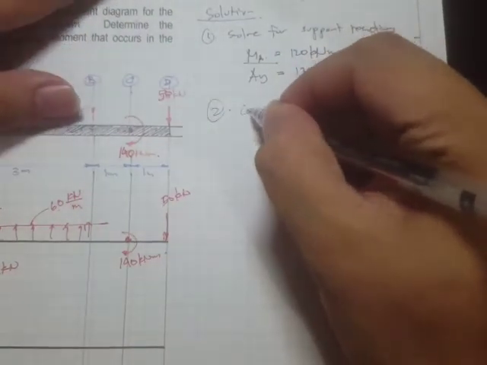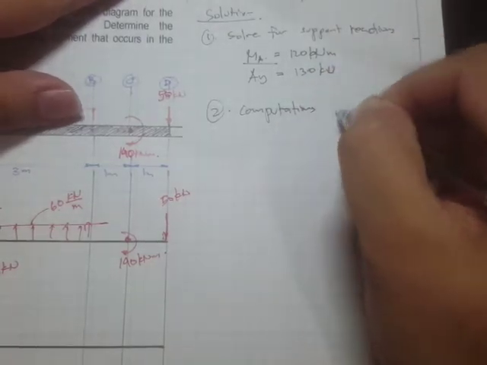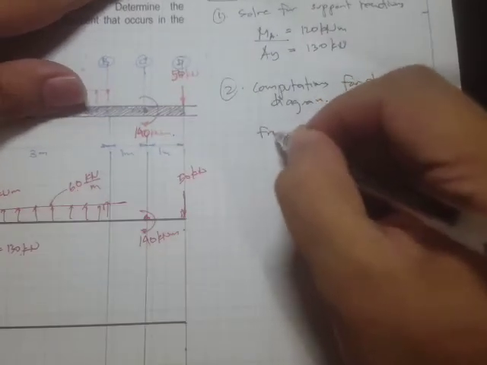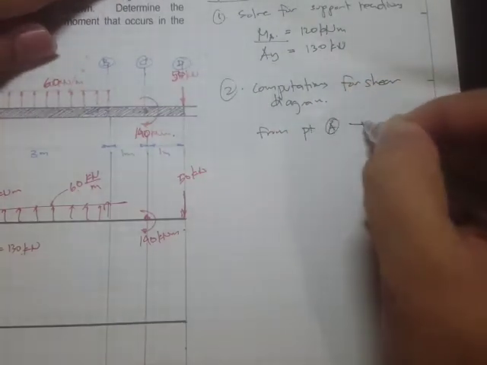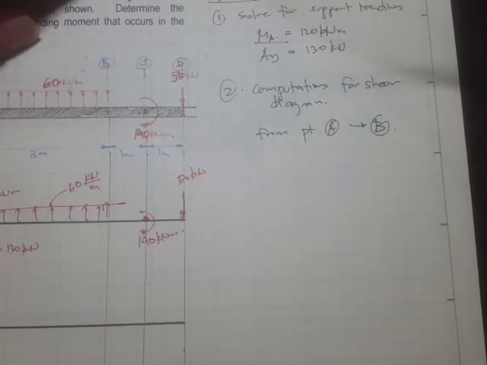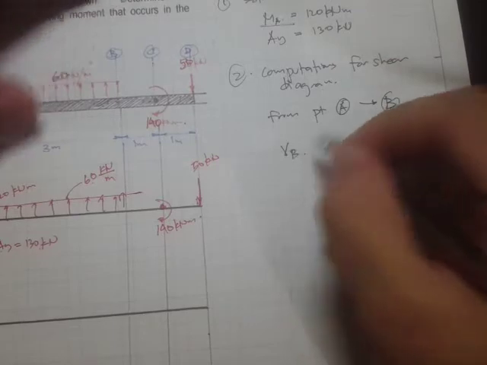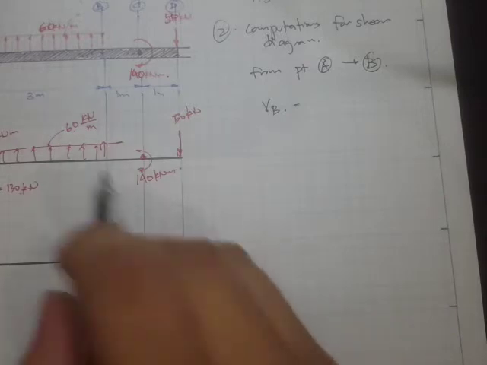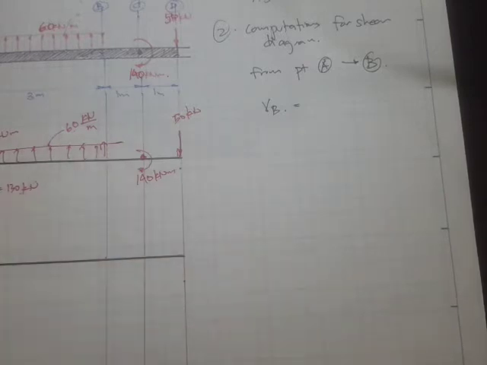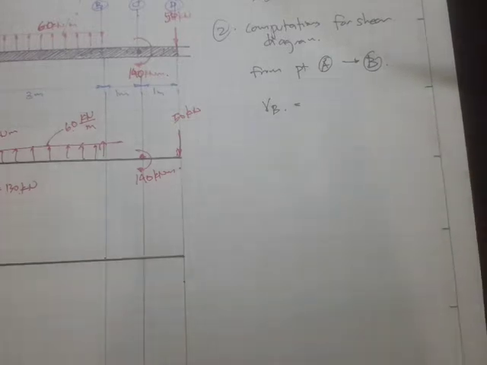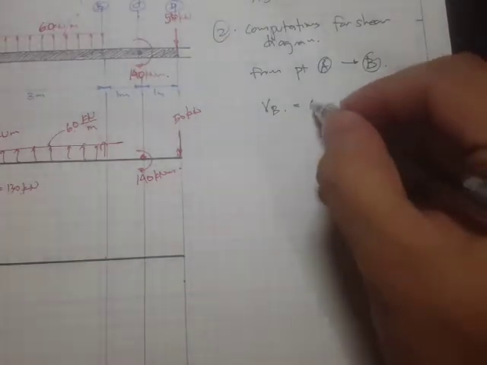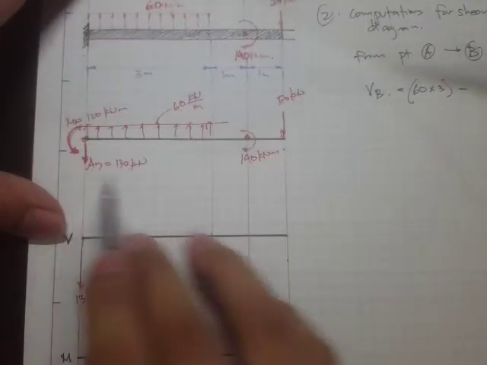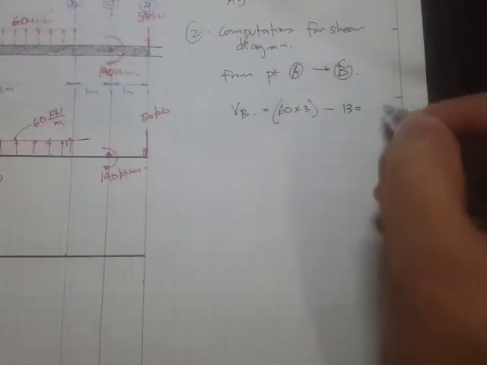So let's solve it here. Computations for shear diagram. Okay, from point A to B. So the shear value right here at point B would be simply the value of the load, which is 60 times 3, minus our value right here, minus 130.